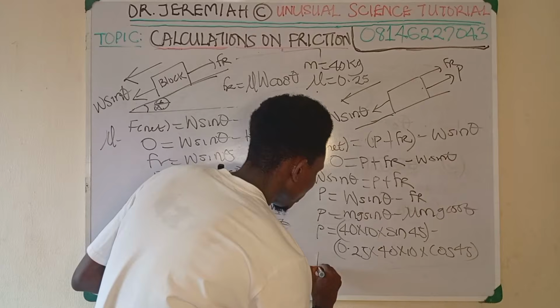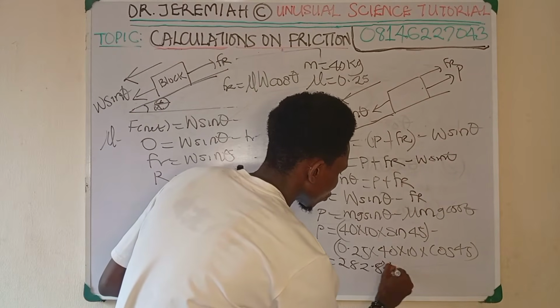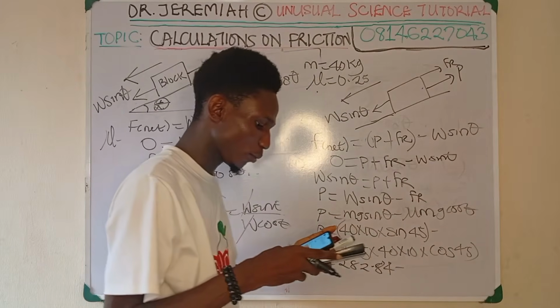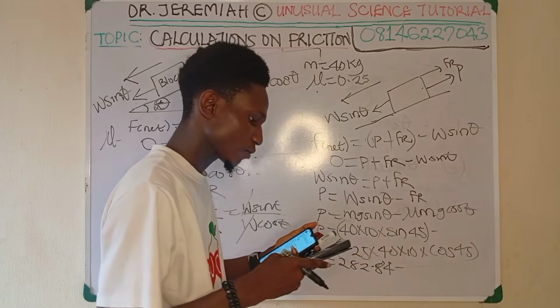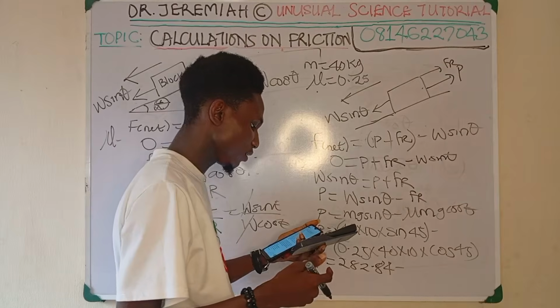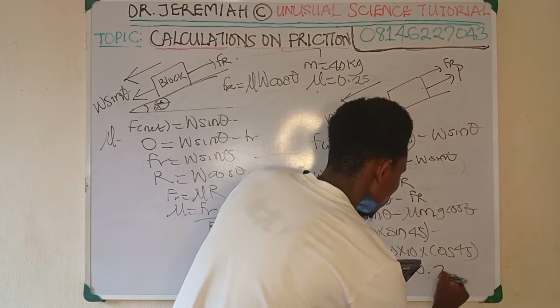Then the second one is 0.25 times 40 times 10 times cos 45, which gives you 70.71.